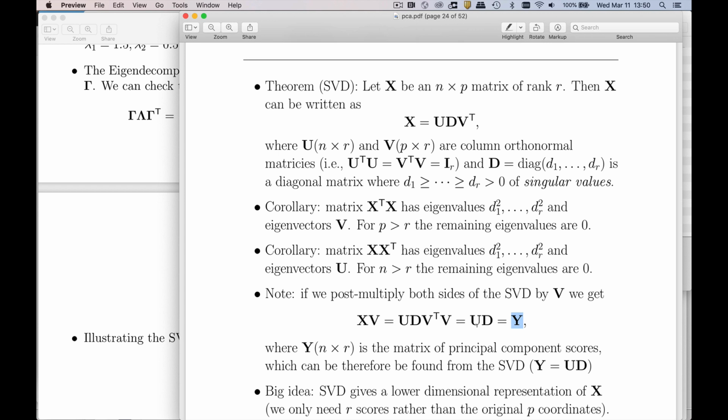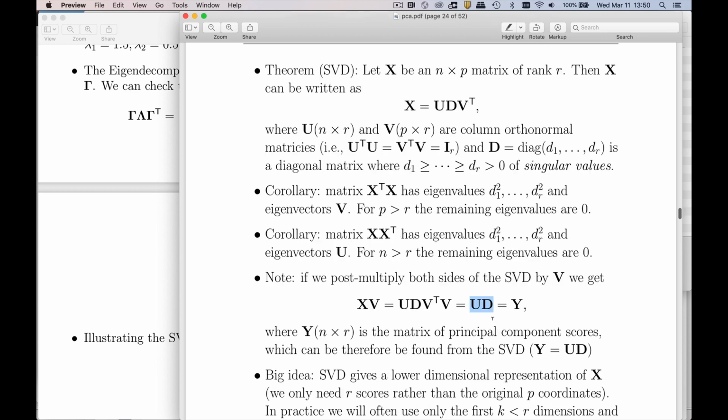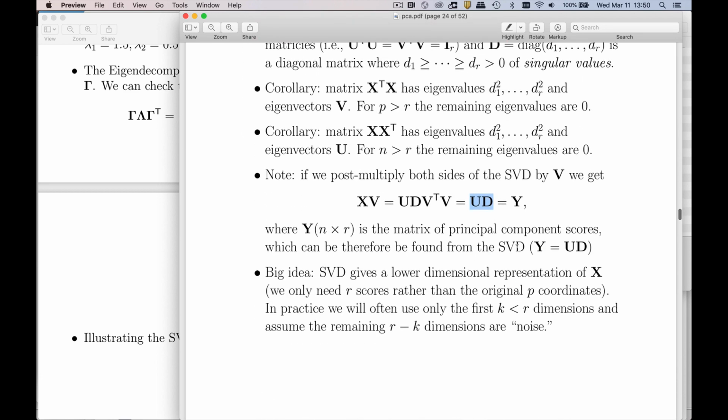So you can think of the scores as just being U times D, which describe the new coordinates of the points. When I represent each point in this principal component space, the scores give the coordinates in this new principal component space.